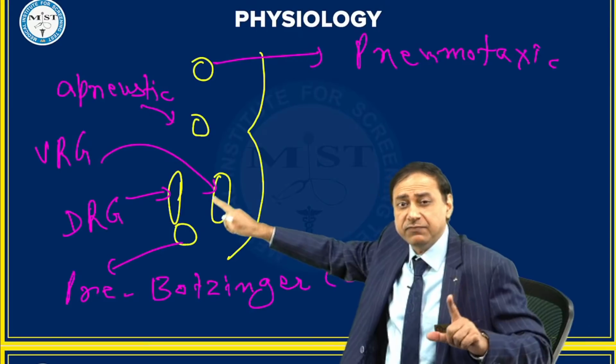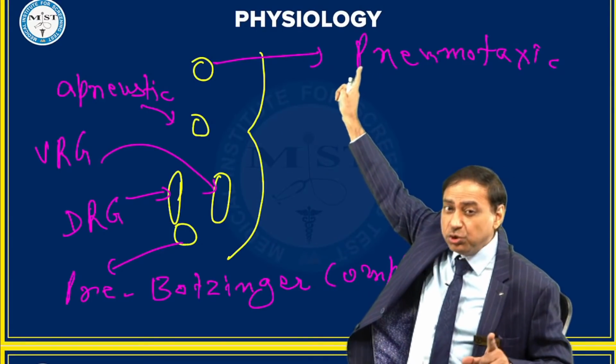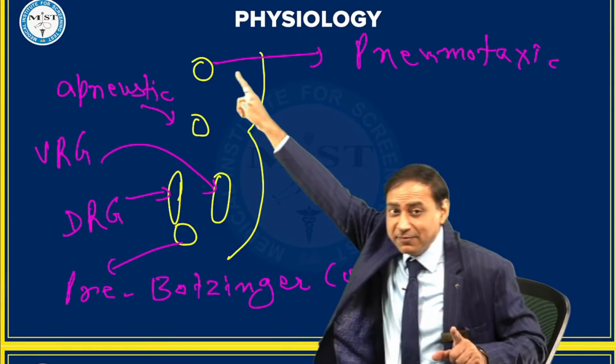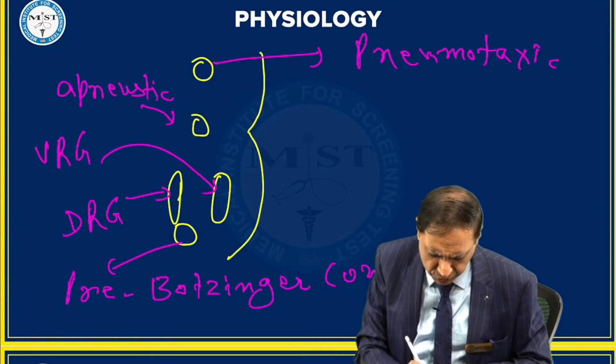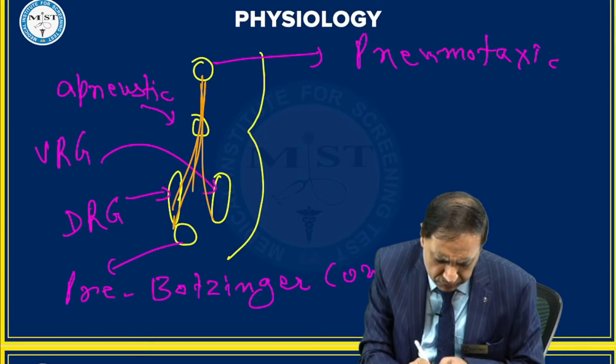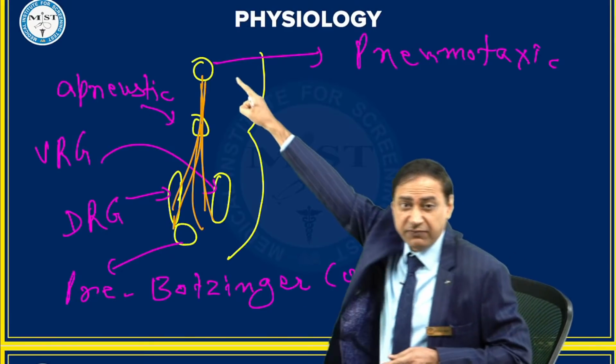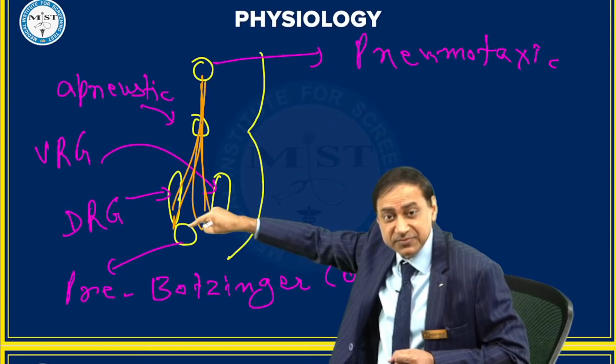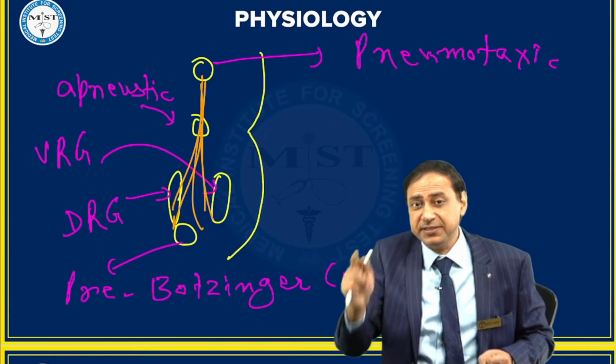And the second point which you should remember is about the pneumotaxic center. Present in the upper pons, this pneumotaxic center will project down. And what will this do? It will limit inspiration.